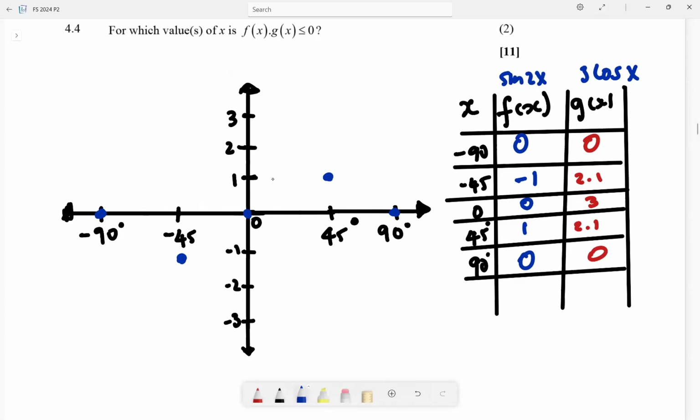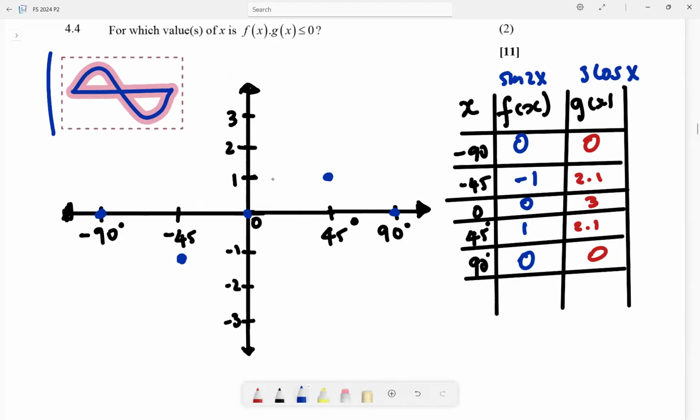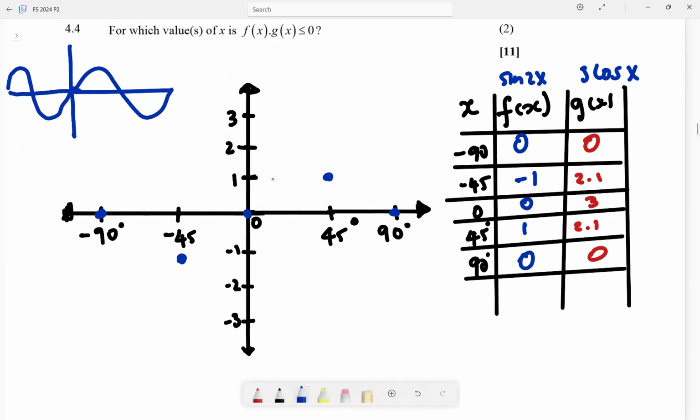Remember, I know the shape. I'm expecting a shape of some sort. Remember the shape of sine. If I have an extension like that, it means I have something like that.